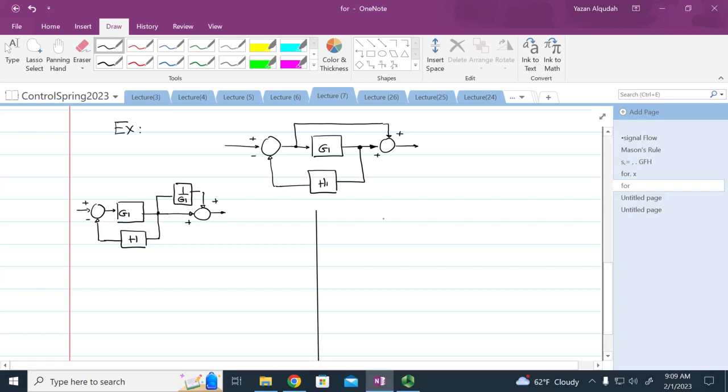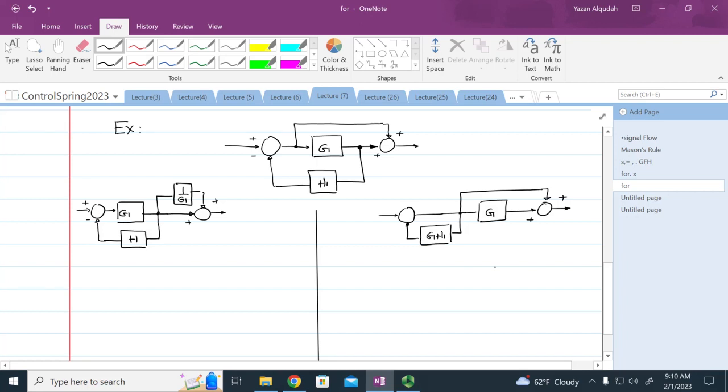Or we could have done G1 H1, and then we're going to have G1 together, either one of these.